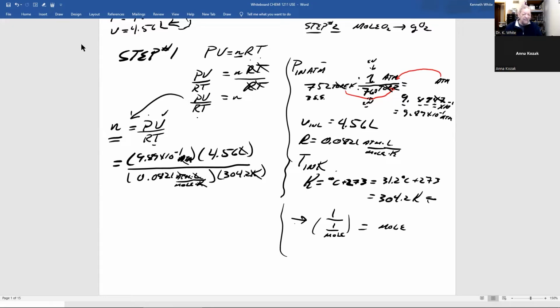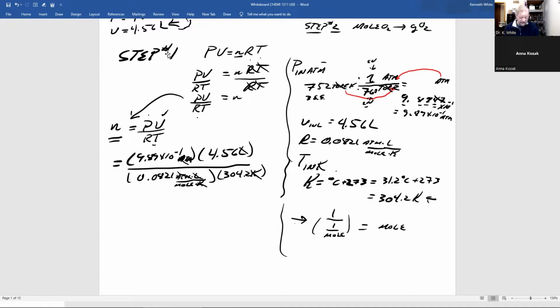So now I can happily pick up my calculator, clear it, put in 9.89, second key, double E. Remember, use this minus, not the other one, to get minus 1, times 4.56, divide that by 0.0821, and divide that by 304.2.